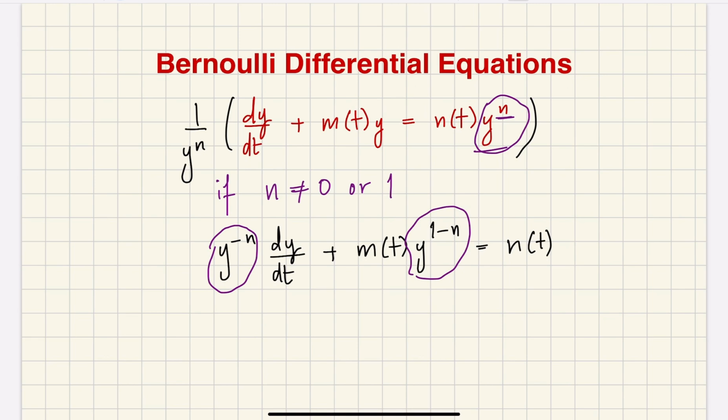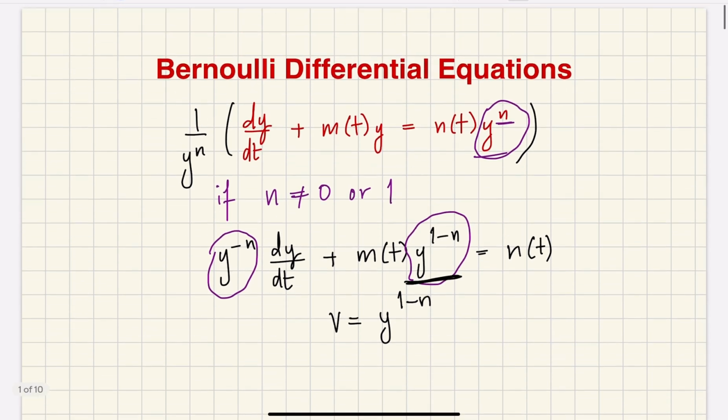So we will introduce a new variable that will make it easier for us to deal with these. So we will call v is equal to y to the power 1 minus n, which is this thing right here. We will see in a bit that this will make our lives much easier.